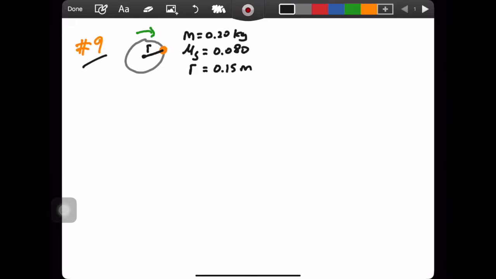This problem has multiple things going on. This problem has rotational motion, and this problem has circular motion. When I say rotational motion, I'm talking about how we can adapt linear kinematics to rotation.